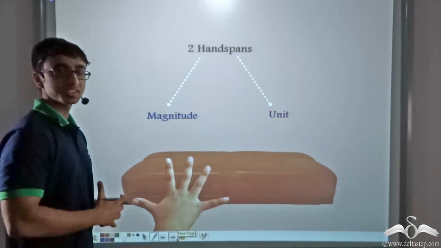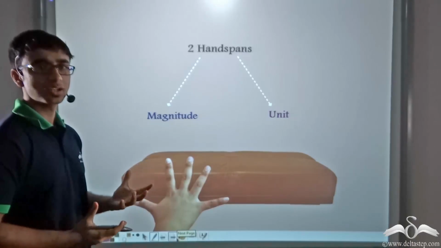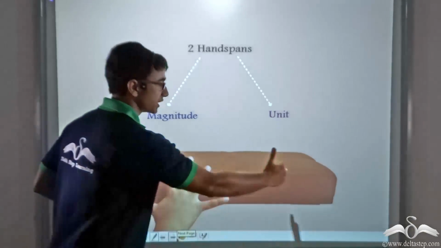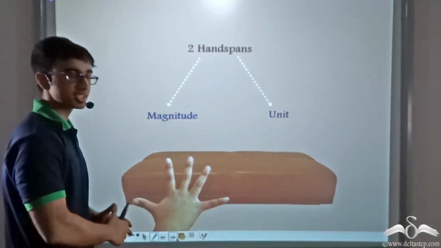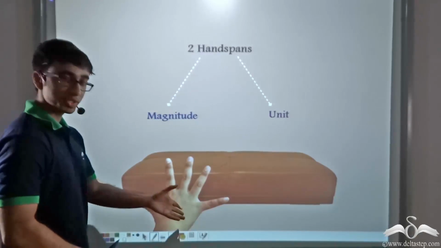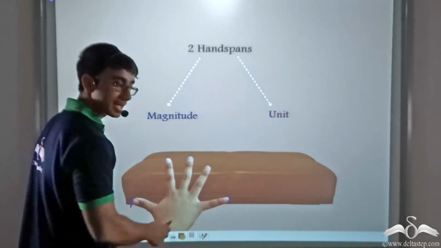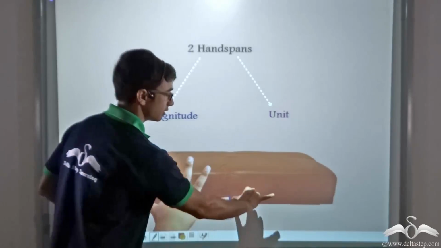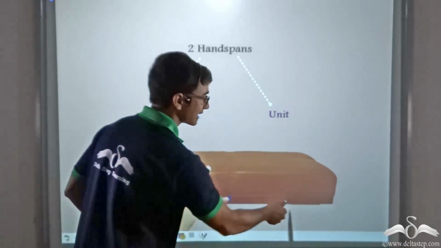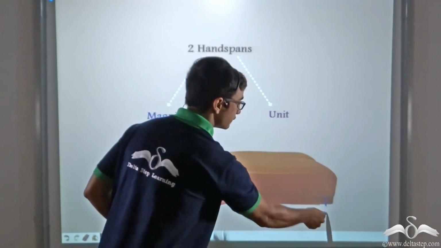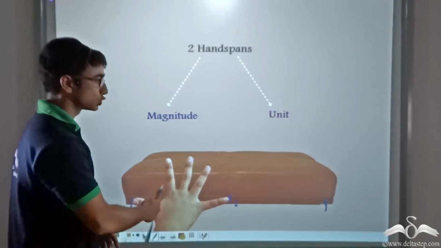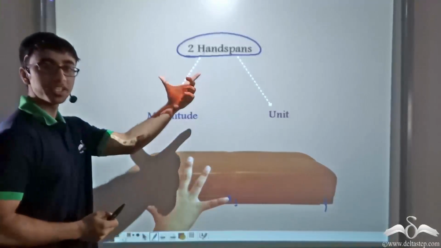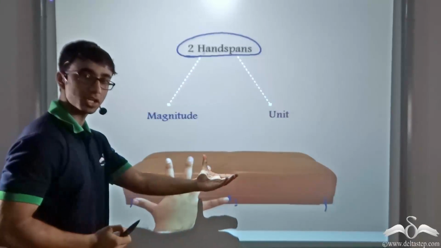Now, let's say a person who does not have a ruler, scale, or a compass wants to measure the length of this particular block. So he uses his handspans. As you can see, this marks out one handspan, and if he simply places his thumb by this method and extends his hand again, that will cover another handspan. So he measured it as two handspans. Now over here, how big is this particular object?